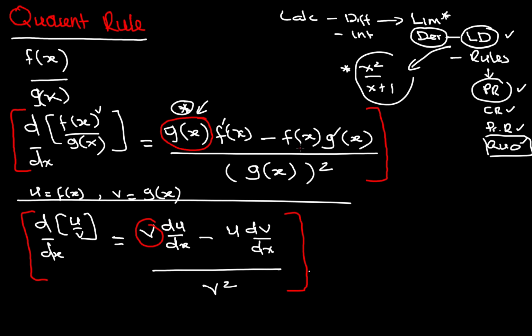Then that's when the numerator comes, and then the derivative of the denominator. And then here we square the function. We don't do any derivative. We square the divisor, the denominator, the function at the bottom. We square it here. You can see here, it's the same picture. We have v, we have u, and then we have their derivatives here. And then at the bottom, we square the function.